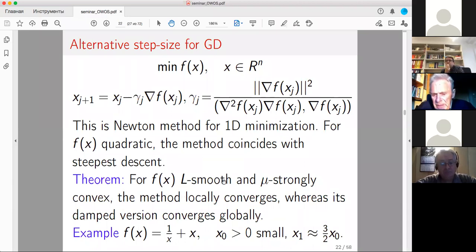And it can be proved that if a function is L-smooth and mu-strongly convex, then the method converges locally, while for its damped version, when we have some damping factor here, it converges globally.